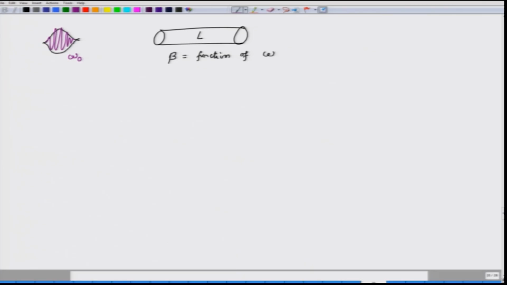So, we actually go to this kind of a consideration. The procedure remains the same. The transfer function of this one is still given by e power minus j beta of omega times L, and our goal would still be to find the spectrum here and multiply the spectrum with the transfer function. Once you get the spectrum, you take the inverse Fourier transform and obtain the pulse in the time domain.